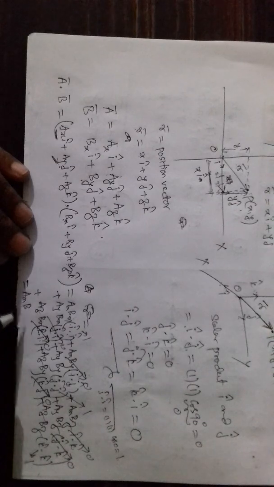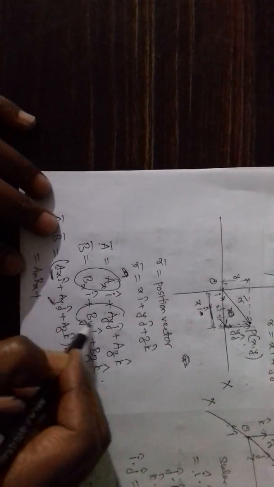So here you get ax bx plus ay by plus az bz. So you need not do all this. We got the formula.